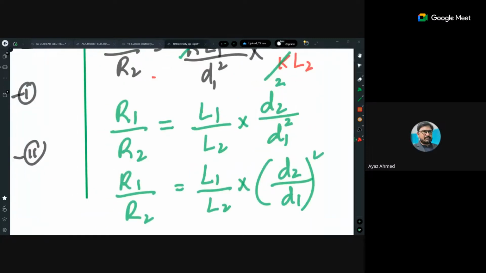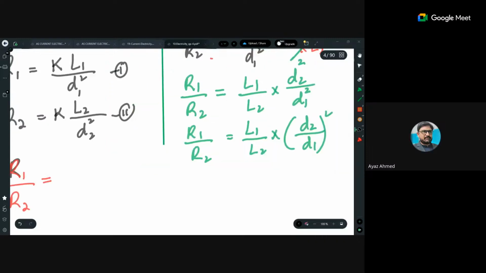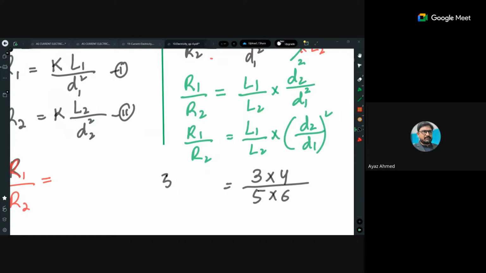So how long have you been studying math? I'm really weak at that, so don't judge me on my math skills, please. No problem, dear. You can't be so weak that if I write 3 into 4 divided by 5 into 6, and then I write it as 3 divided by 6 into 4 by 5... Oh, I got it.